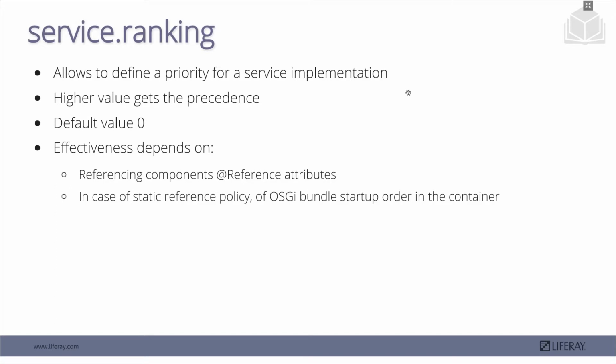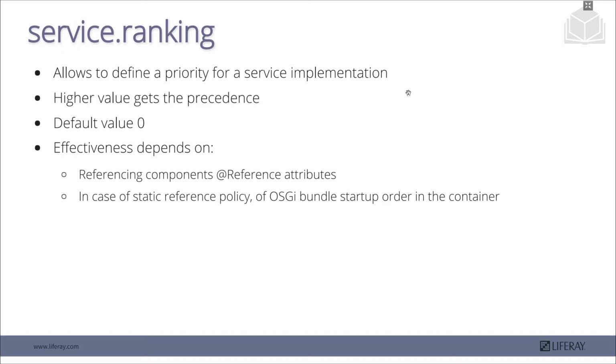Now, the service ranking is just that. If we have multiple service implementations of a single interface or API, the service ranking is the one that determines which one is going to take precedence. So the higher the numerical value, the better the chances the service is going to be selected.